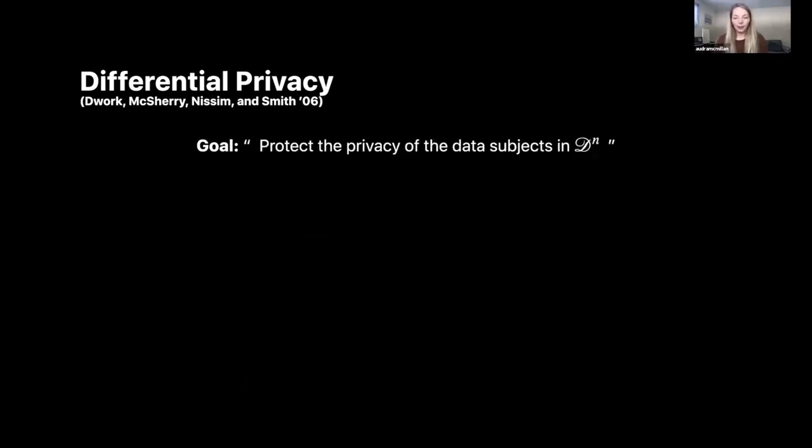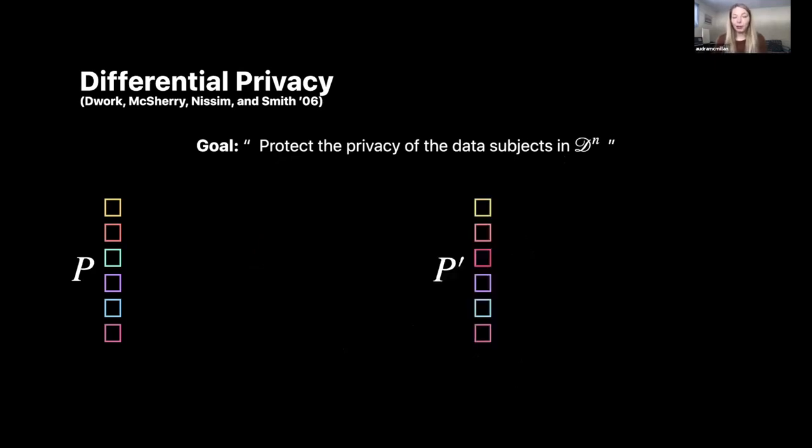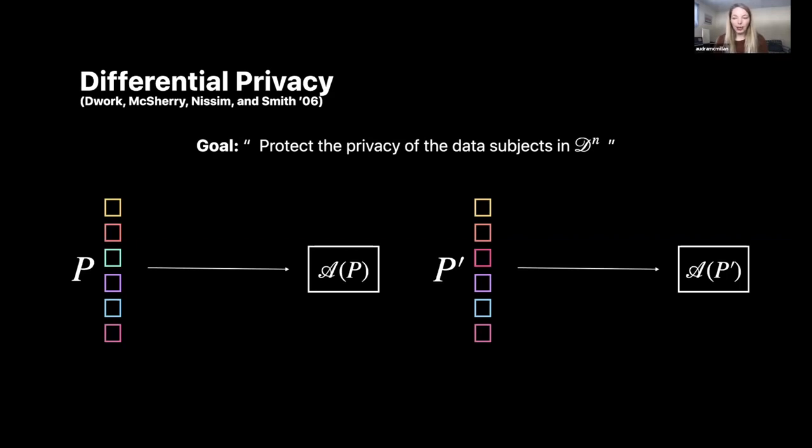Okay, so let's see what they meant. Suppose I have my database P. Now imagine I have another database P prime that differs from P in only one data point. This green data point has turned pink in P prime. Now imagine running a mechanism A on P versus P prime.